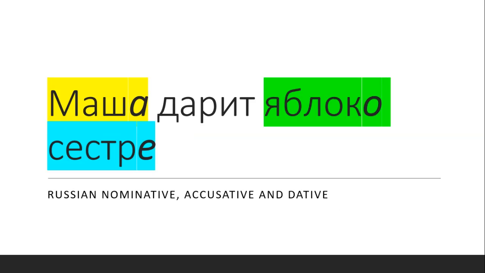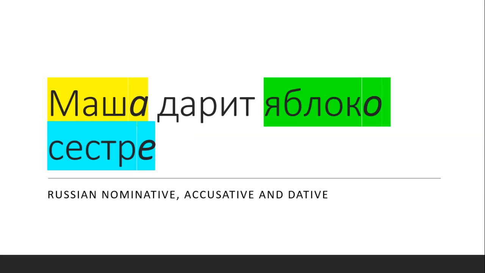In Russian it would be Masha darit yabloko sestre. The yellow person is in nominative. The apple, yabloko, is in accusative. And to the sister is in dative, in blue.